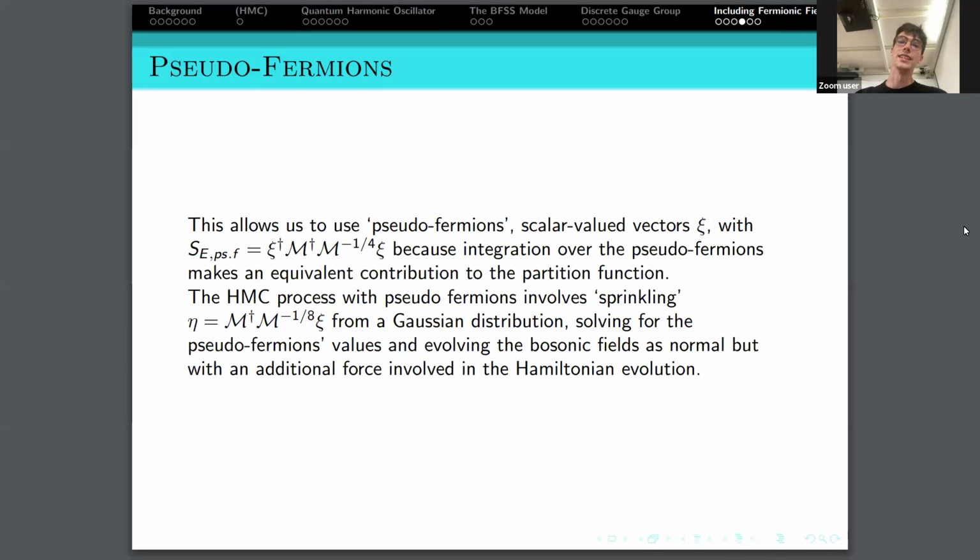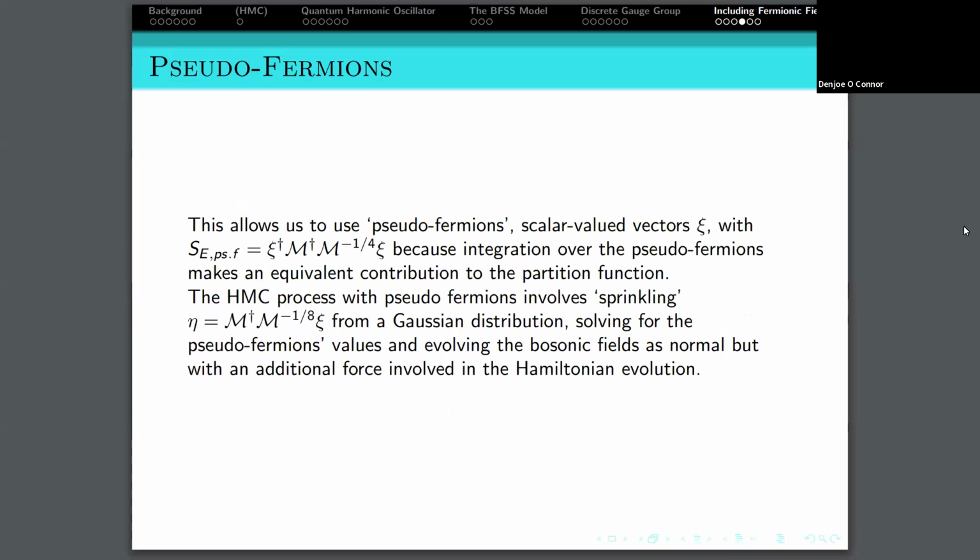Now that we've seen that we can rewrite our Pfaffian in terms of a determinant to the power of -1/4, we can use pseudo-fermions. Rather than having to work with Grassmann numbers, we can use scalar valued vectors multiplying our massive matrix on either side, because the integration over the pseudo-fermions would give the determinant of that matrix.